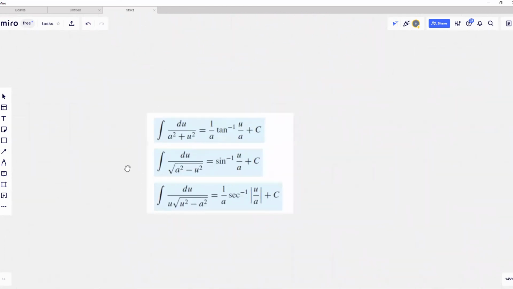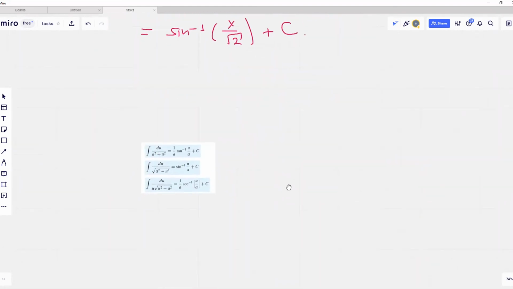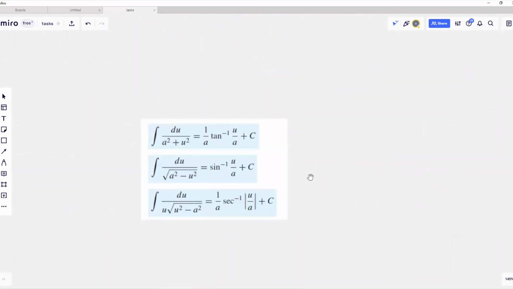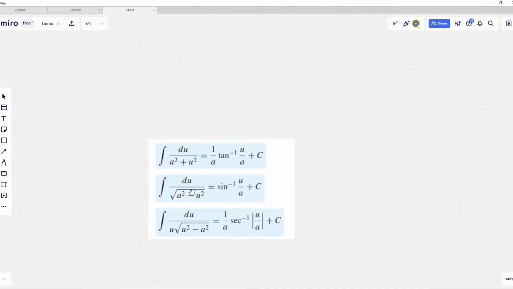You can memorize these formulas, and when you see an integral of this form next time, you don't have to do all of the steps, and you will know the answer right away. But you don't have to memorize them, since if you can recognize that it is the derivative of an inverse trigonometric function, then that's enough. Just use the u substitution, and you will get to these formulas anyway.